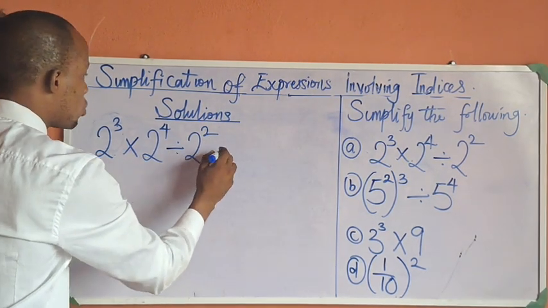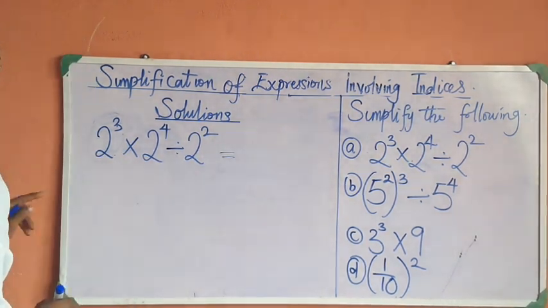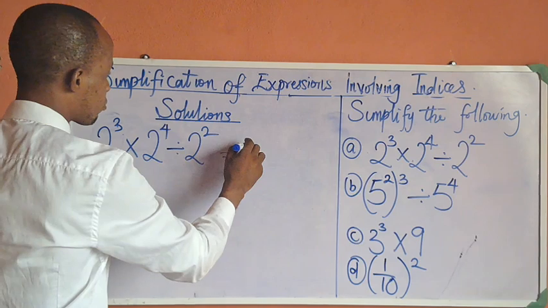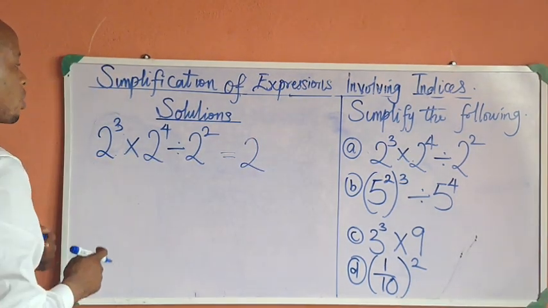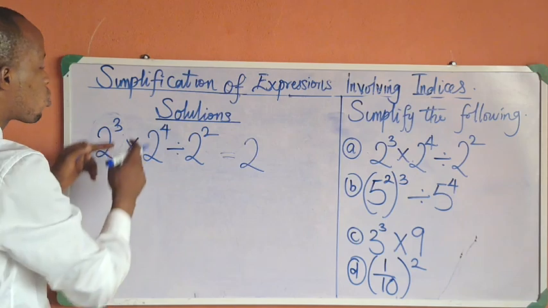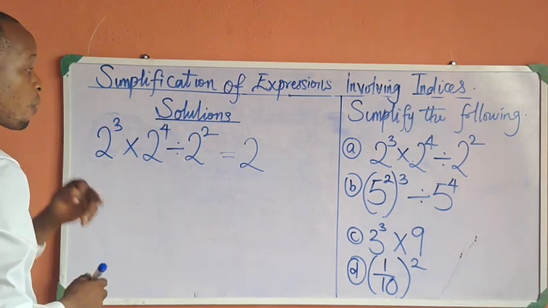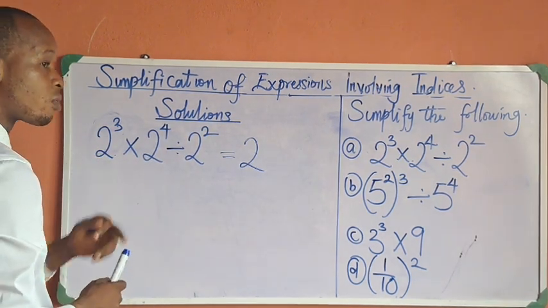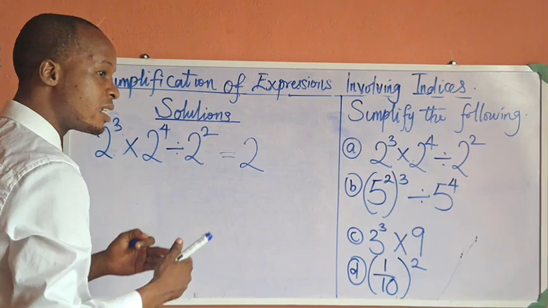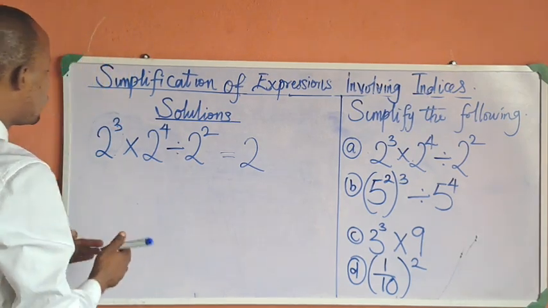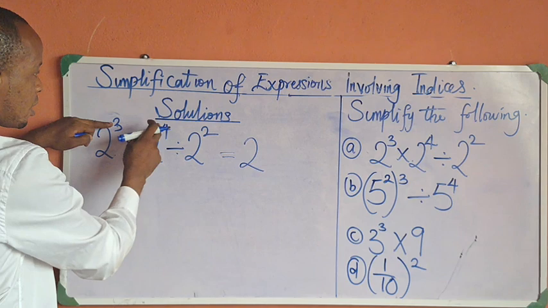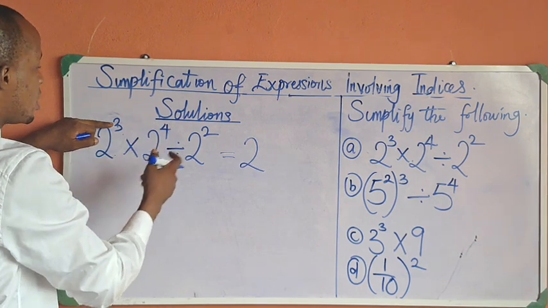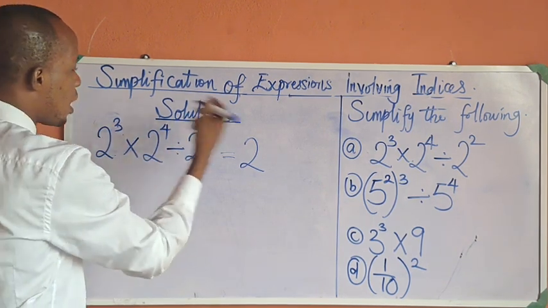So what I'm simply going to do is that I am going to pick one of them because they are common, and I'm simply going to work with their indices. Don't forget the first and second law of indices that we treated in the previous video. If you are multiplying 2 powers together, the law 1 says that you change the multiplication into addition.